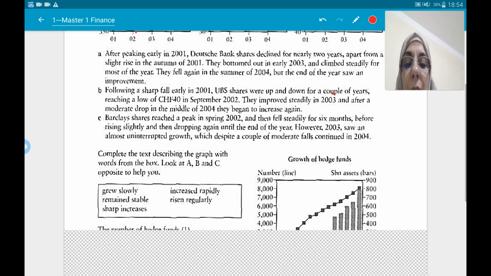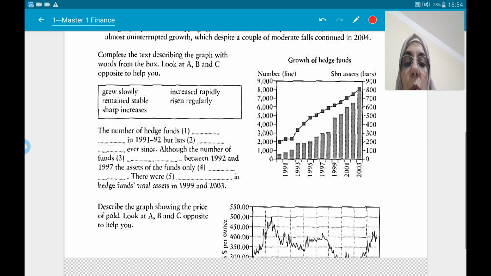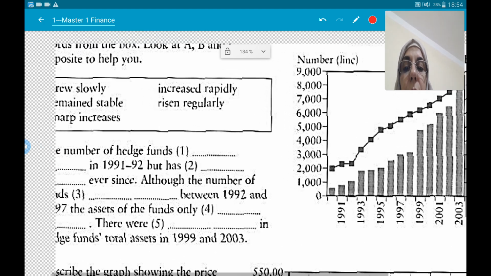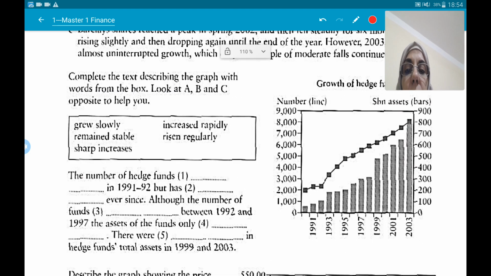Still have one exercise where you have a text describing a graph, and you have a list of words from the box. You have to choose the words from the box and put them in the right gaps. Look at A, B, C opposite to help you.